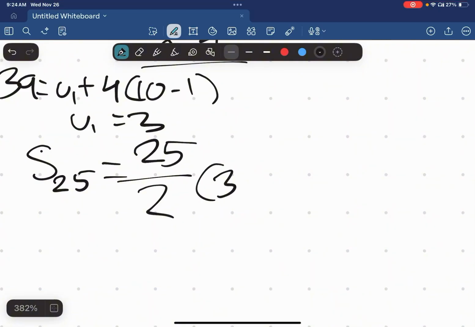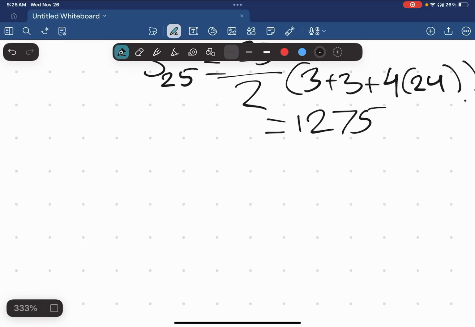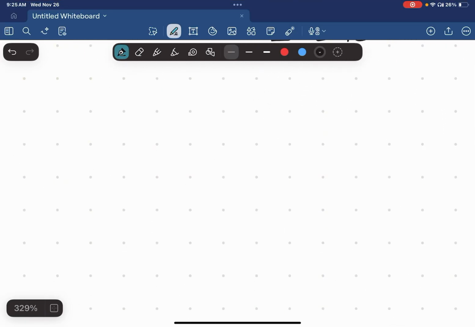And once again, we don't need to find the 25th term. We can just plug it in like this. Remember that our common difference is 4. Now after some simple math, we get that the summation is equal to 1,275.